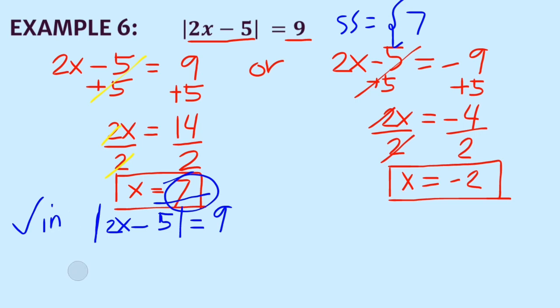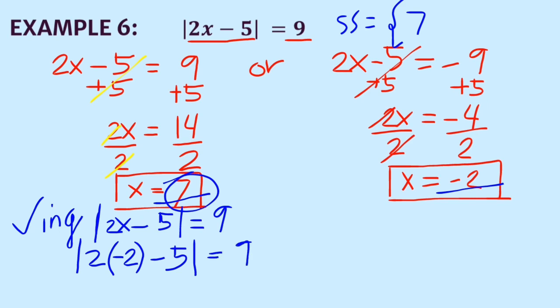Let's substitute negative 2 for our x in the original equation. So, 2 times negative 2 minus 5 and 9. Question mark. So, what is 2 times negative 2?